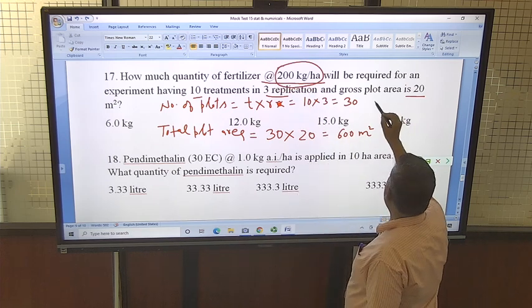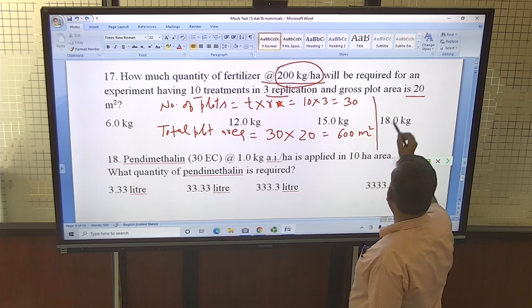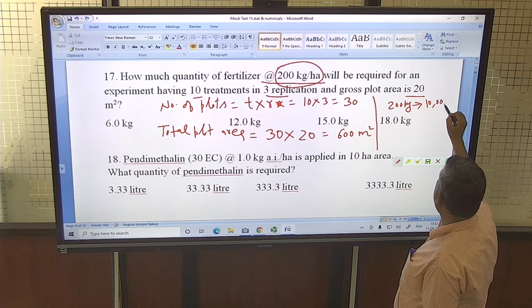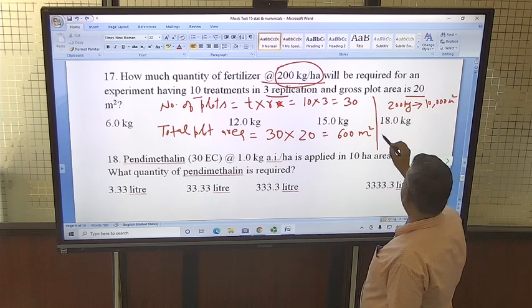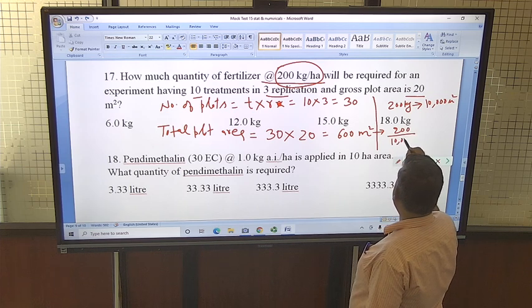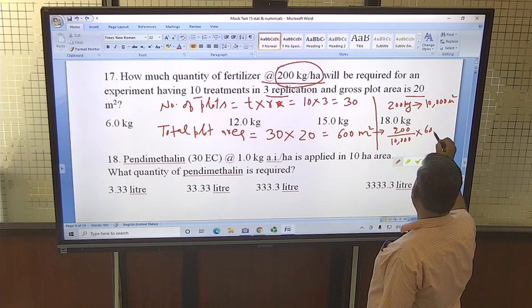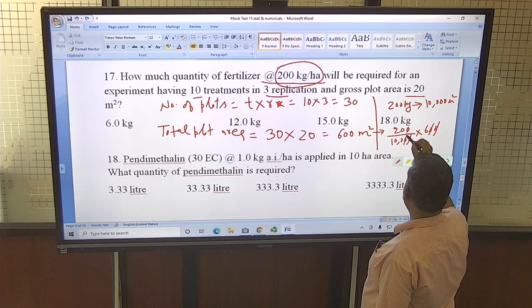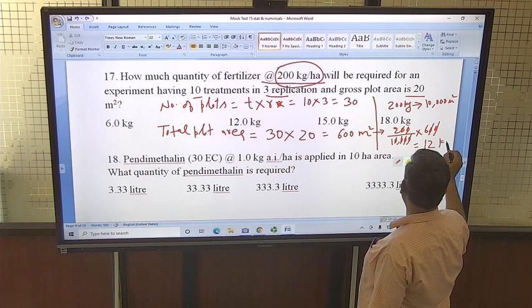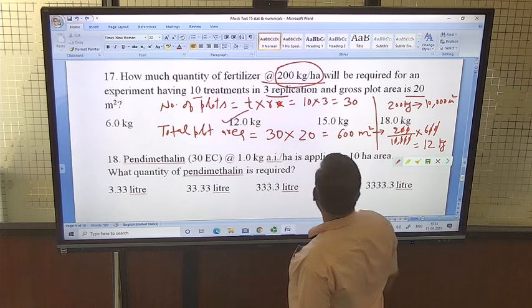It means 200 kg is required for 10,000 square meter area. So in 600 square meter area, it is 200 divided by 10,000, then multiplied by 600. That is 12 kg. So this is the answer, 12 kg.